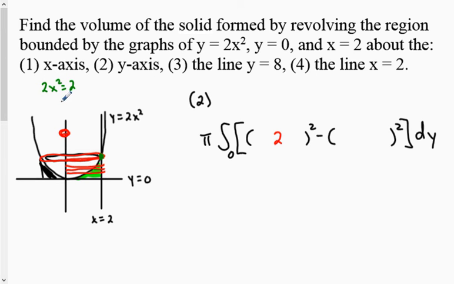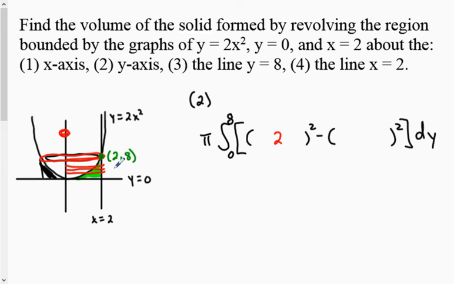I take that back. I'm not going to do it like that. That's silly thinking of me. X equals 2, so we already know at this point x is 2. We want to find the y. Well, I just plug 2 into here to find the y. 2 squared is 4, times 2 would be 8. So they intersect right here when y is 8, so I'm going to integrate from 0 to 8.